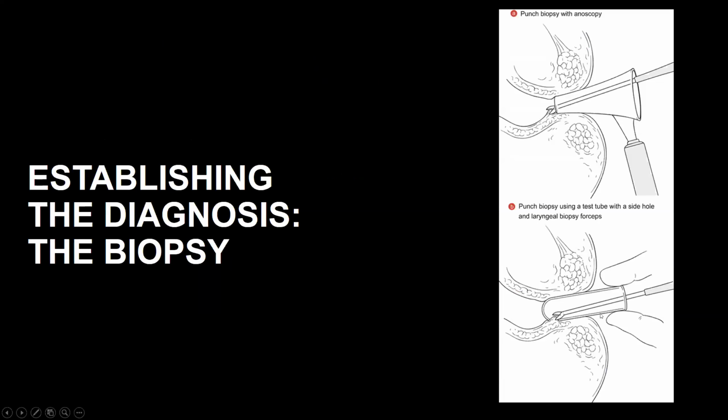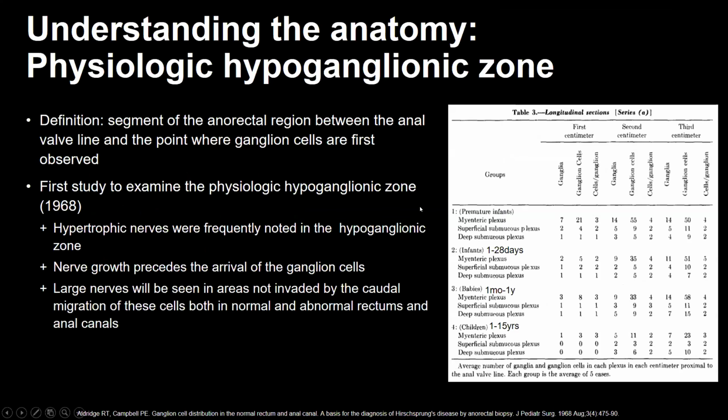This is just an example of what some folks have done with a test tube and a side hole, using laryngeal biopsy forceps if you're doing it right there in the rectum. But one thing I have to bring to the attention of everyone is that you have to understand the anatomy in order to determine where's the best place to biopsy, because we do, as humans, have a physiologic hypoganglionic zone.